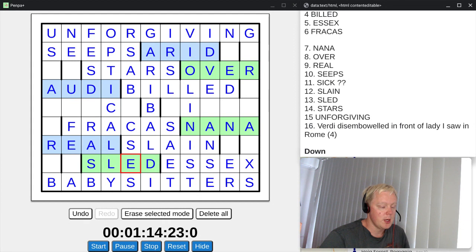Something is disemboweled. You take out the contents, you take out the insides of a word. So Verdi disemboweled would be VI. And of course, we need a word starting with something after you. So vi start would be good for us. So that is in front of lady. Now, very common crossword lady would be lady die, just because the letters di are so often needed.